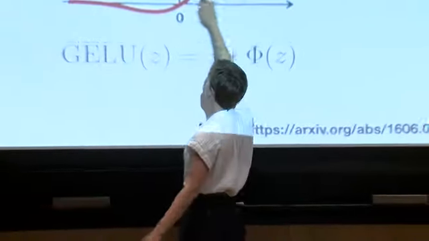Is there any issue with having a non-monotonic function? A non-monotonic activation function or loss function? Activation function. I mean, there definitely exist, in theory, activation functions that are non-monotonic, but I don't think they're widely used. Yeah, it has this part where it dips down right here.